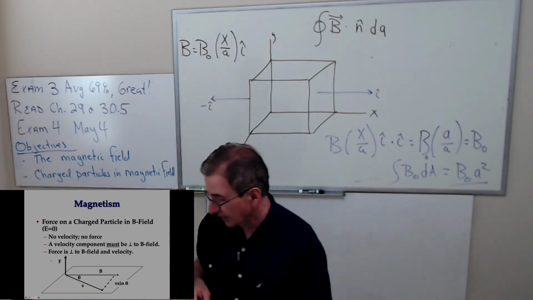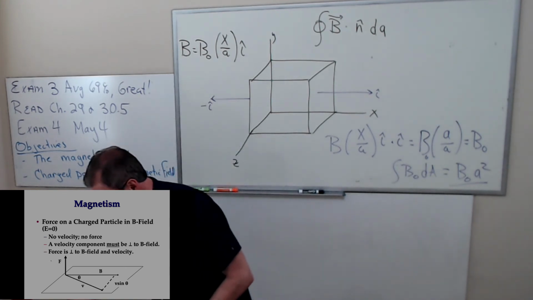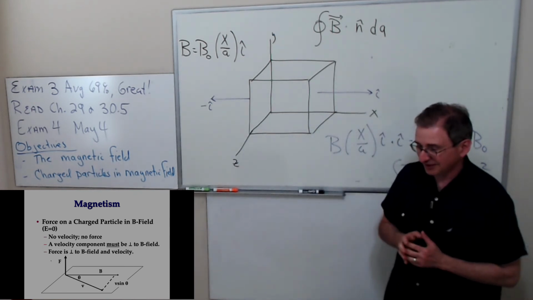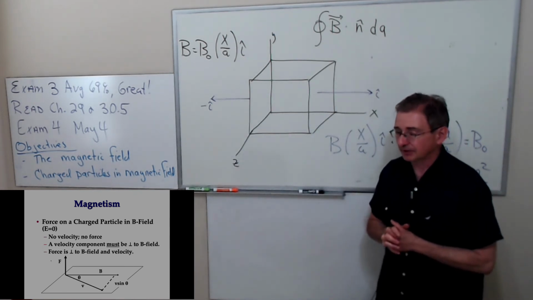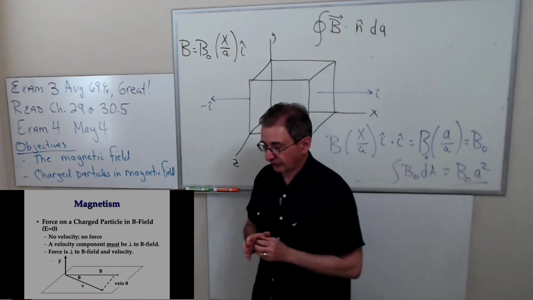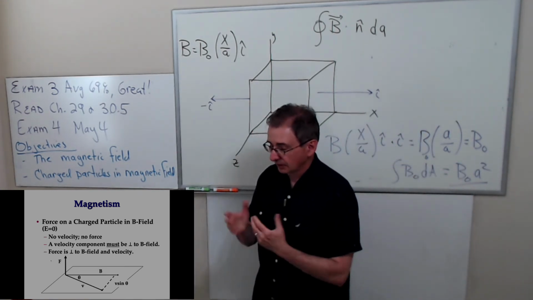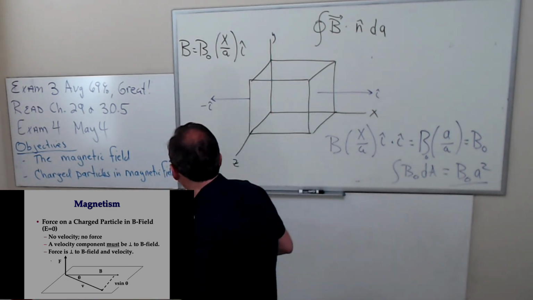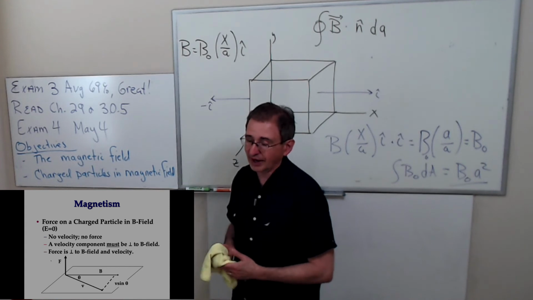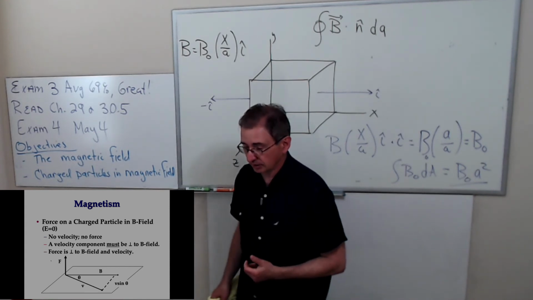Okay. Now this, to me, is really the most important part of my lecture today: what happens when you have a charged particle in a magnetic field. Let's say you do an experiment and you place a charged particle in a magnetic field. What happens to the charged particle?